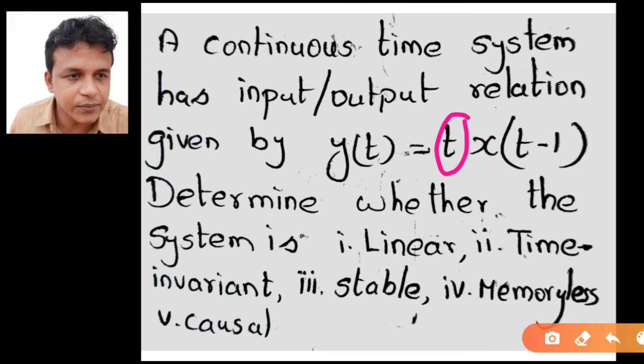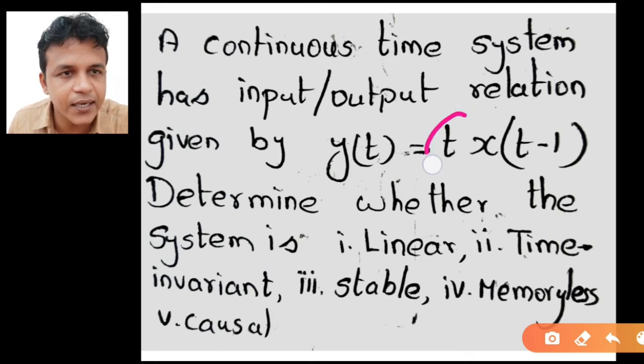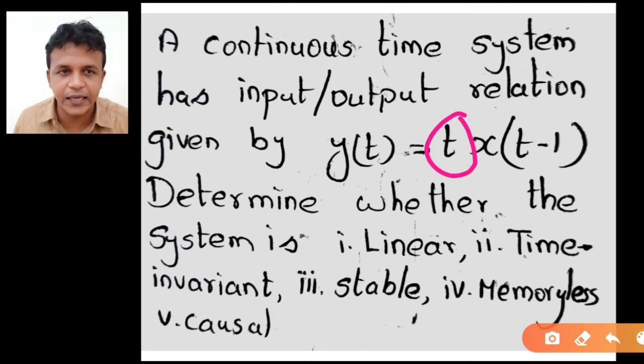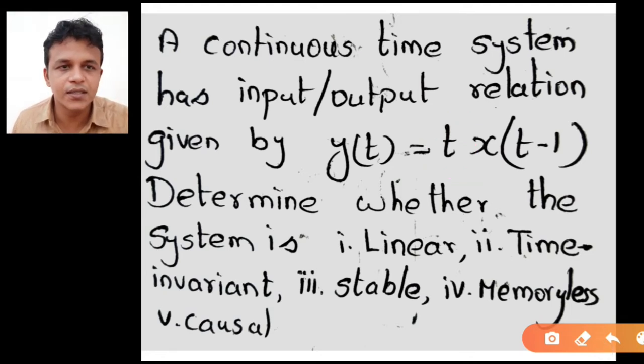Since time scaling is occurring in the form of amplitude scaling, we cannot say that the system is time invariant, but instead it is going to be a time variant system. So this is a time variant system for sure. This also we can find immediately on looking at the system equation.